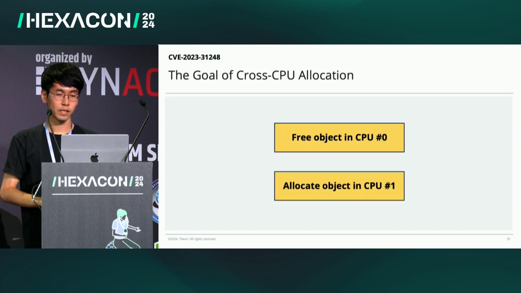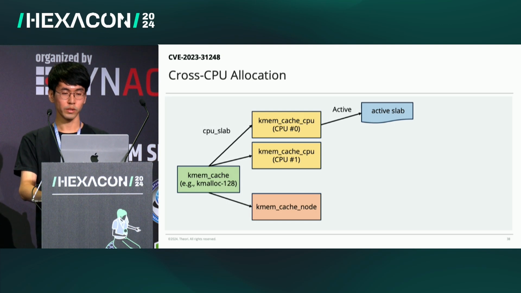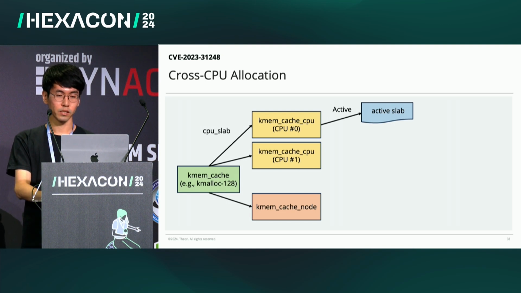Now that we have seen how slab works, I'd like to introduce cross-CPU allocation. The goal of cross-CPU allocation is to reallocate a freed object on a CPU other than the one that freed it. For example, an object freed on CPU 0 is reallocated on CPU 1. To do this, we manipulate the cache. Assume the cache is configured like this.